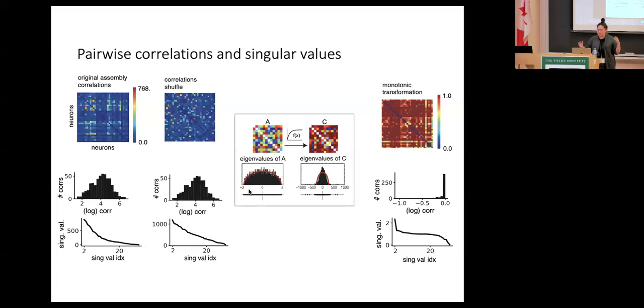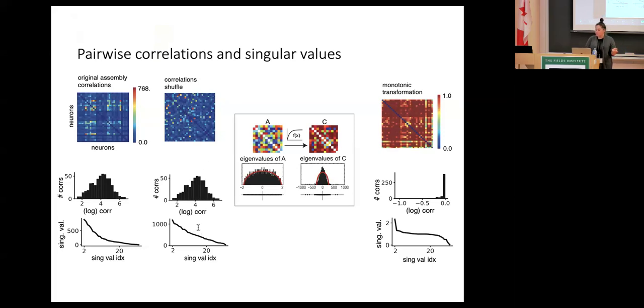And so another thing we might consider doing with pairwise correlations is to look at something like the singular values. One thing that the singular values can really detect is if we have an assembly correlation matrix and we keep the values, but we shuffle where they are in the matrix, this is going to preserve the distribution of correlations, but it is going to change the singular values, because we're really changing the internal structure of the matrix.